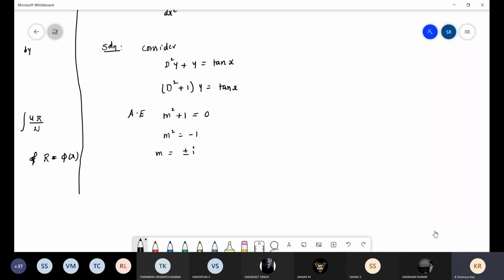So write yc for this. Here alpha is 0, beta is 1.